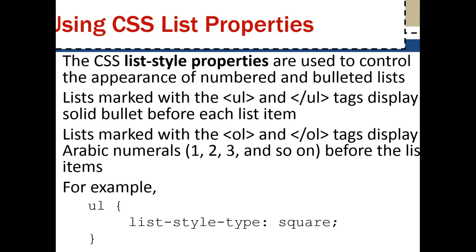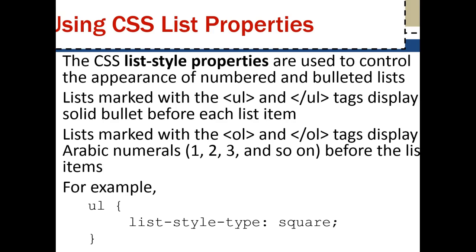The next thing that we will talk about is using CSS for the list properties. We use this if we want to control the appearance of the number and bullet lists. So we can use the list-style properties. Lists marked with the OL and UL tags display the Arabic numerals 1, 2, 3 and so on before the list item.